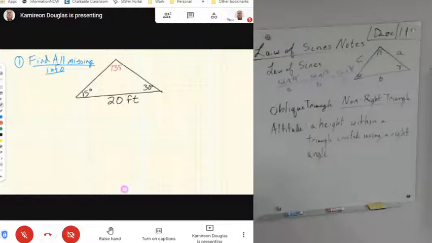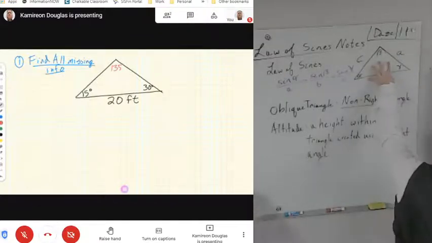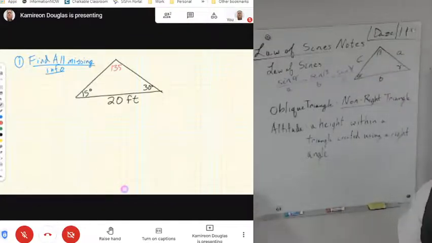It doesn't matter which two. But you want to try to choose ones where the fraction has knowable values. What do I mean by knowable? I mean I can plug them into a calculator and get an answer. In this picture, I'm going to fill in the missing pieces according to this arrangement. That would mean that my 15 degrees is my alpha. My 30 degrees is my gamma.